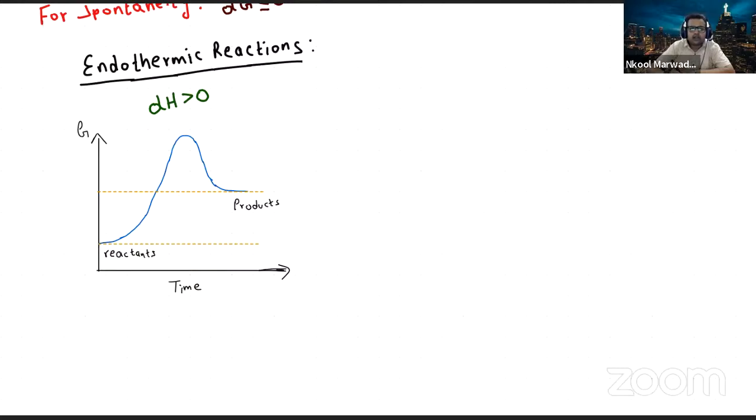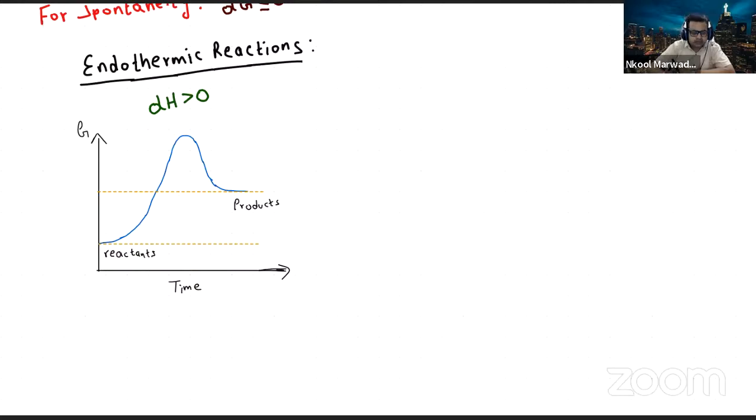Now see, the idea is that with the time, the Gibbs free energy, if we see the graph, it is increasing and then it will decrease. So for an endothermic reaction, for some time, the Gibbs free energy will increase.